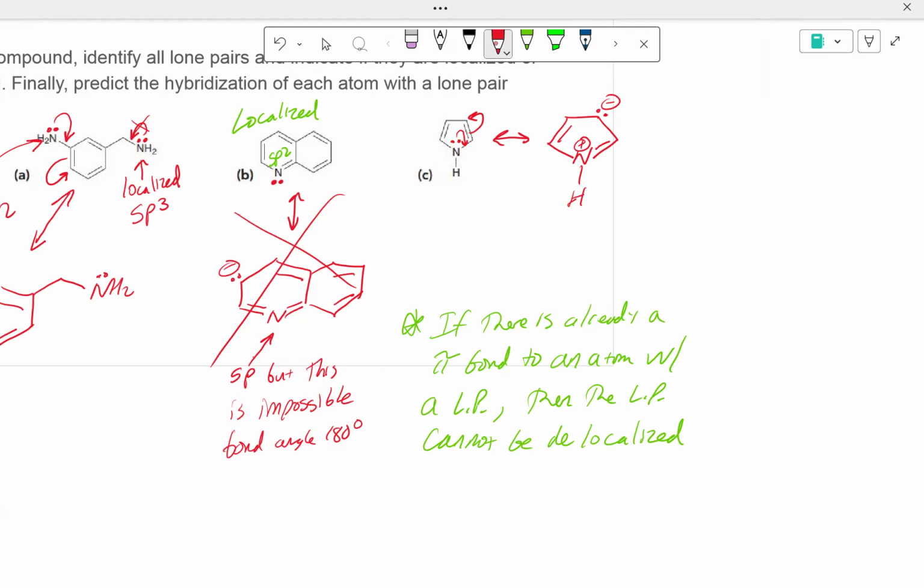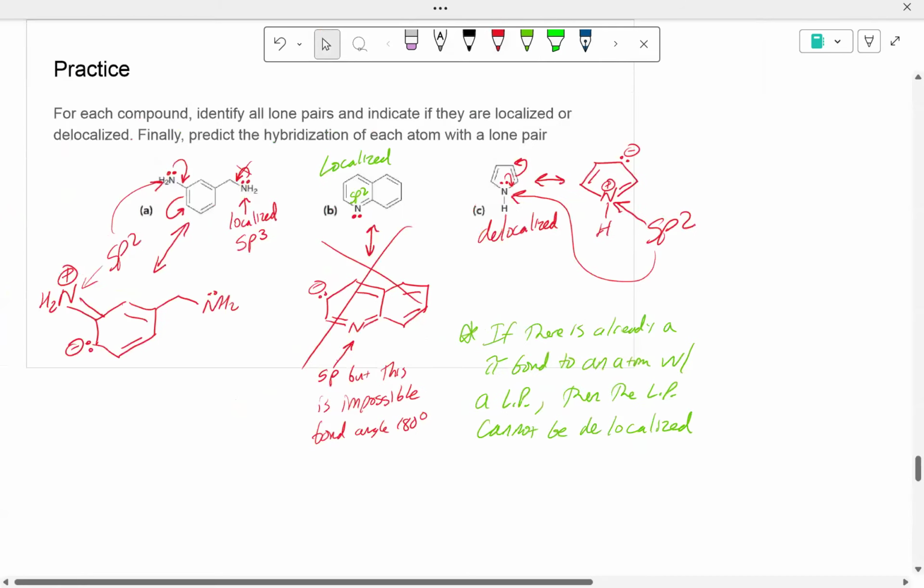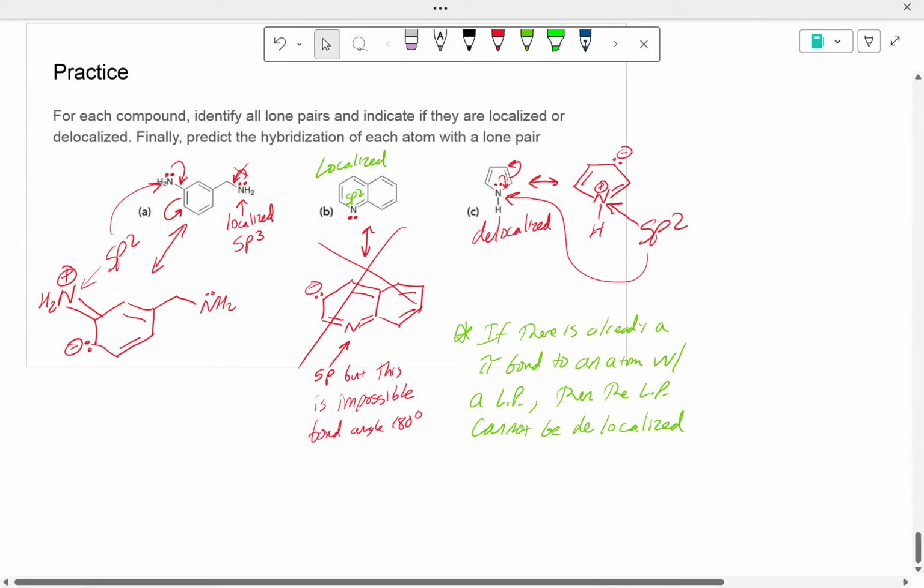I'm not going to show all of them, but this demonstrates that that lone pair is delocalized. And if I look at the hybridization for this nitrogen right here, what is that? It's sp2 hybridized. So that's how we label the original nitrogen there as sp2. And that will conclude this for this unit.